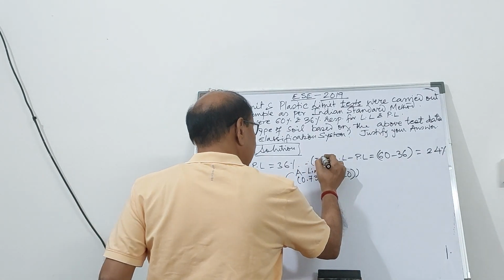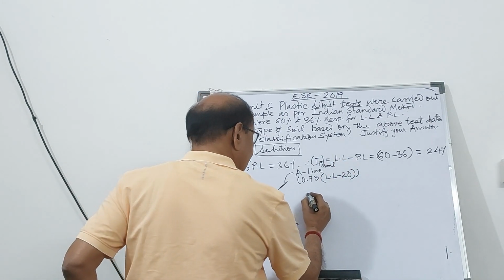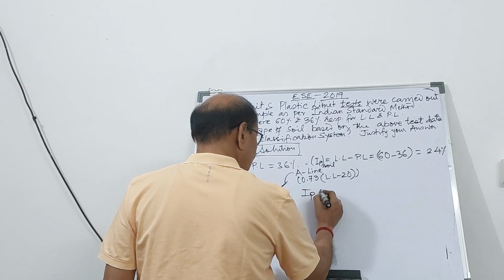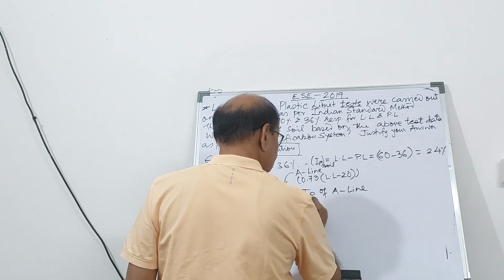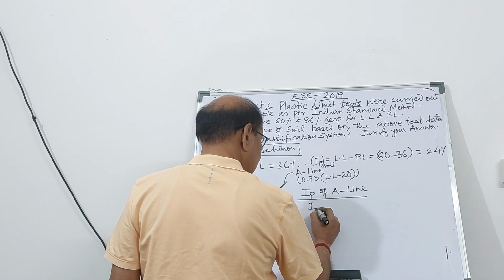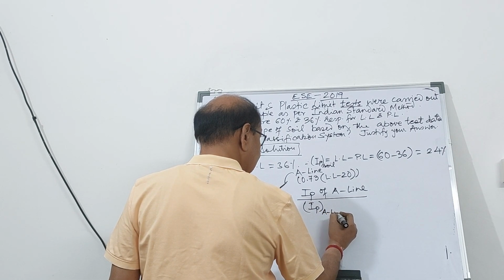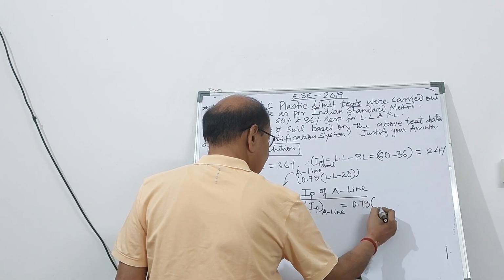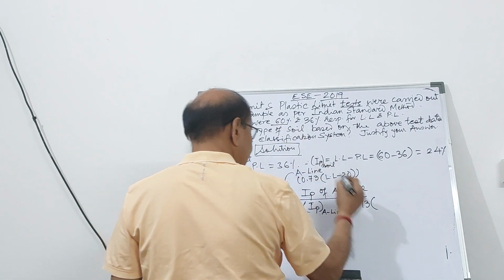This is IP of the soil mass. Now the equation for IP of the A line is given to you: IP of the A line is 0.73 times liquid limit minus 20. What is the liquid limit? It is 60%.